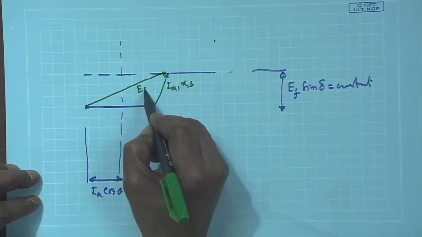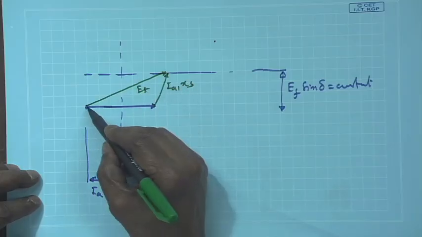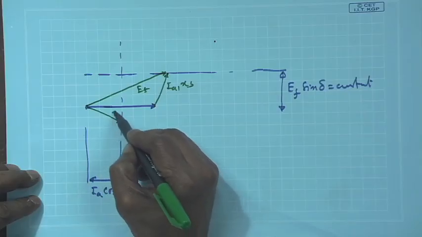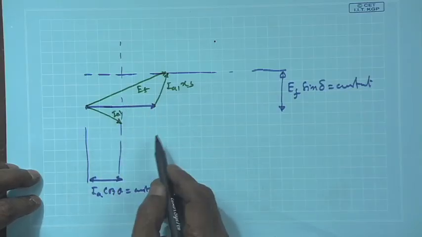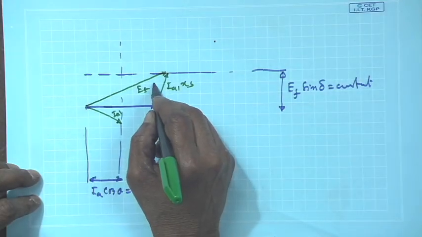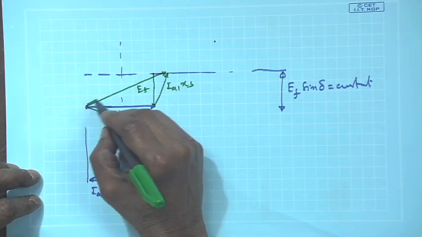this is E f 1, then your current will be here, I f 1, at some excitation. Increase the excitation such that this becomes your new E f 2.